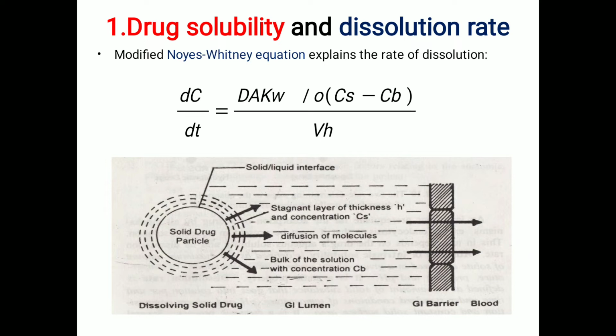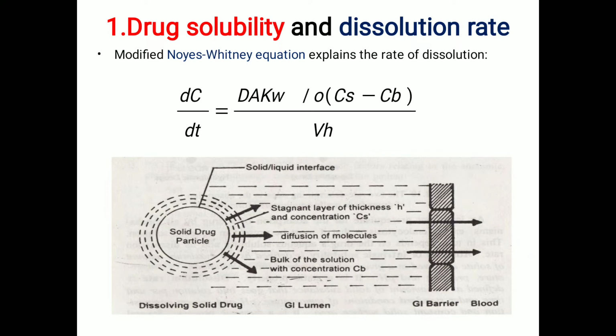The modified Noyes and Whitney equation explains the rate of dissolution, or we can say diffusion of molecules from this stagnant layer. The equation is dC/dt = DAKw/o (Cs - Cb)/Vh. Here dC/dt is the rate of dissolution, then D is the diffusion coefficient.